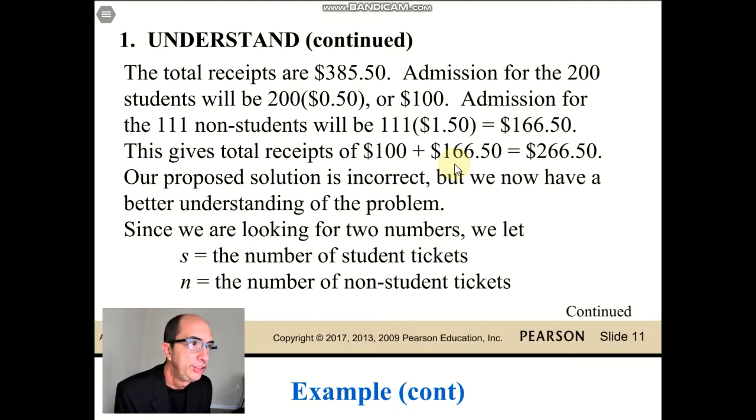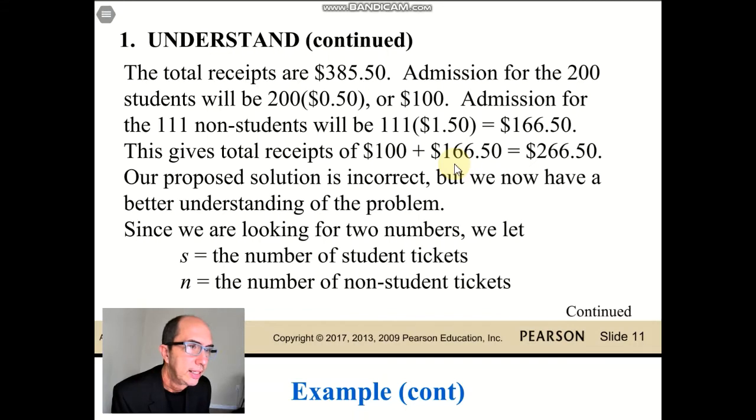This total is not equal to the total stated in the question. That means the solution that we guessed is incorrect. But never mind, because we are using this to understand the problem. We're not trying to solve the problem, we're guessing numbers to understand it. Okay?